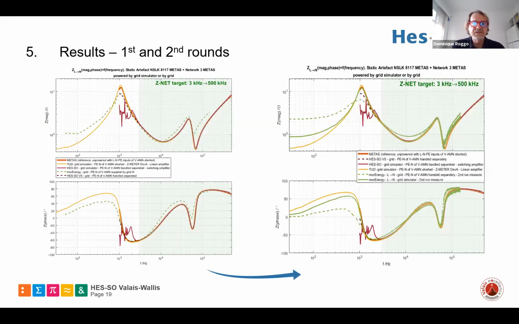Here are the results of this comparison, and you can see that there were two rounds. On the left is the first trial, and the second trial was done by some institutions.